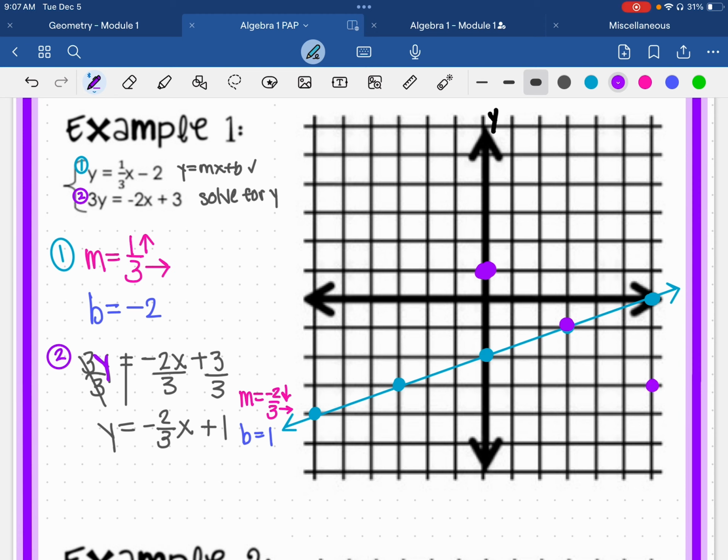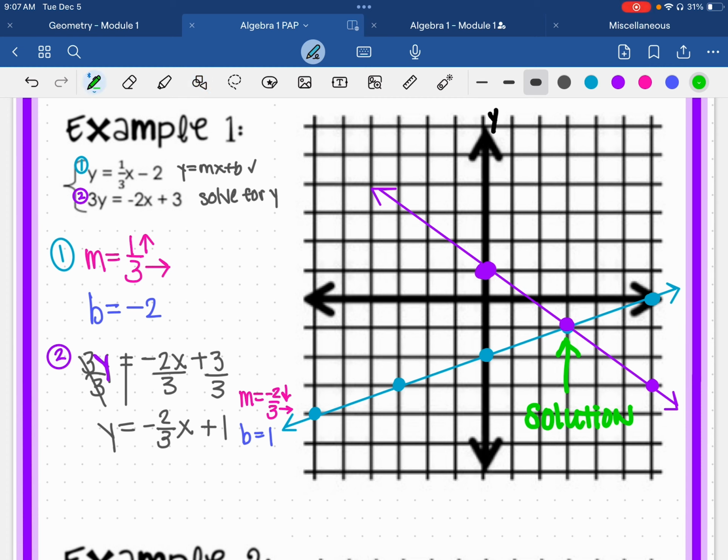This is perfect. I can connect them together because I can already see my solution. My solution is going to be right here. There's my solution. I can already see it. But let's connect those points together so that you can really see it. There we go. Perfect. Remember, your solution is where your 2 lines are intersecting.